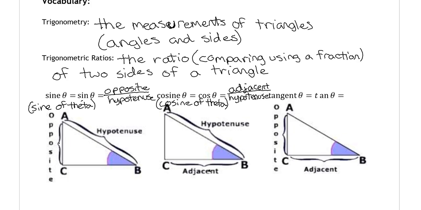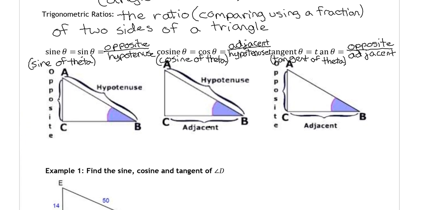And then tangent of theta, abbreviated TAN, but still pronounced tangent, is comparing our opposite and our adjacent, and it specifically equals opposite over adjacent.